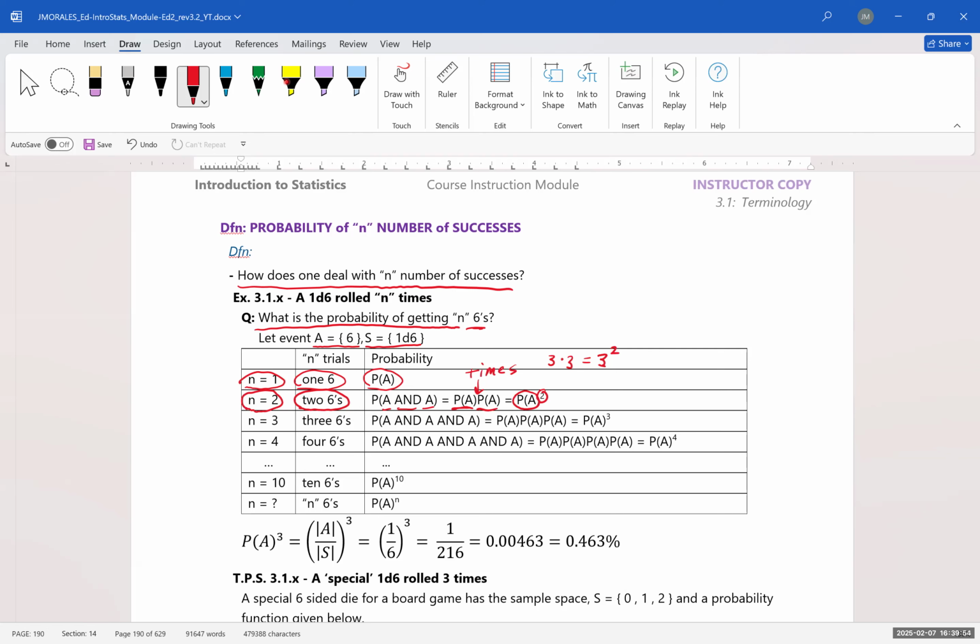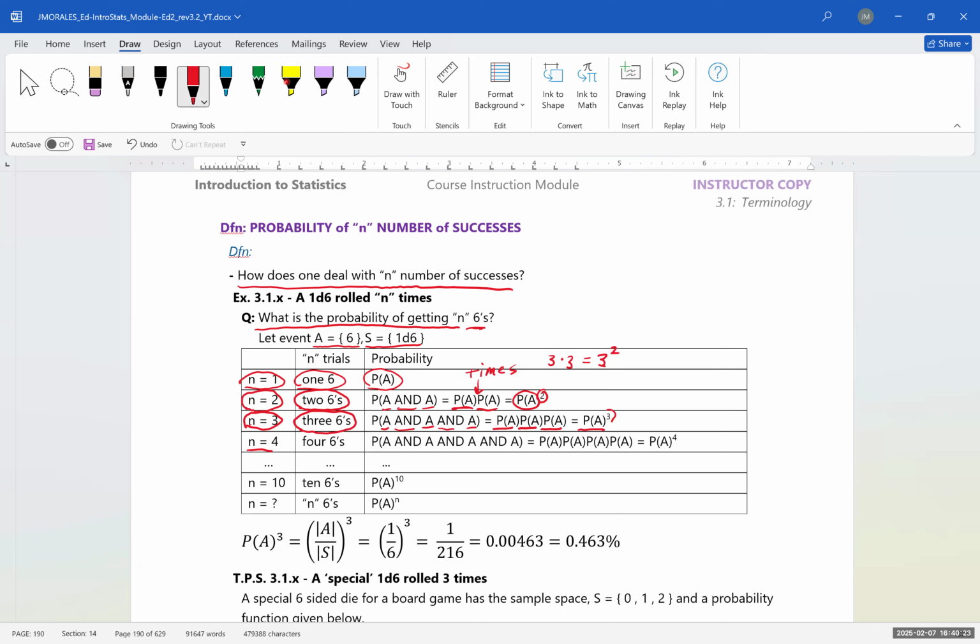Now if we were to roll the dice three times and we wanted to know the probability of getting three sixes, then that's the probability of getting a six and a six and a six, which would be the probability of A times the probability of A times the probability of A. Since there's three of them, it's the probability of A to the third power.